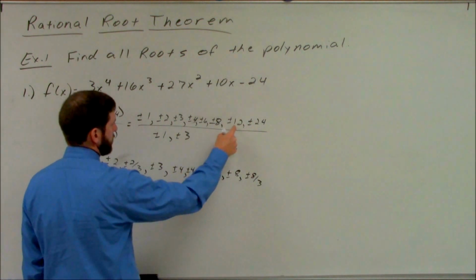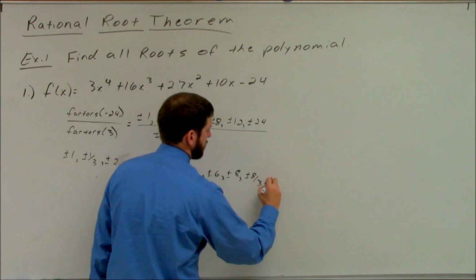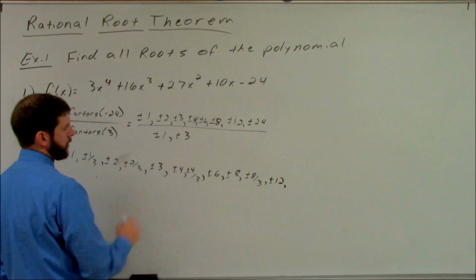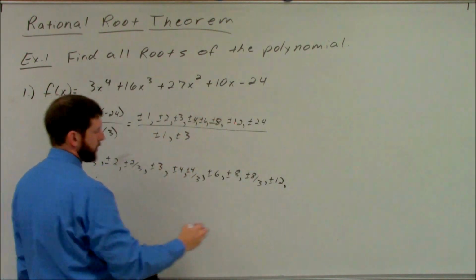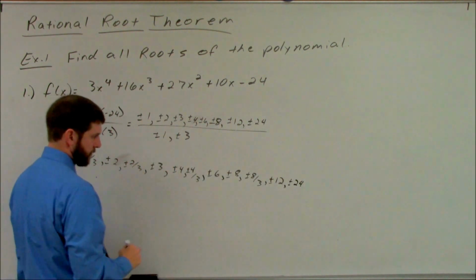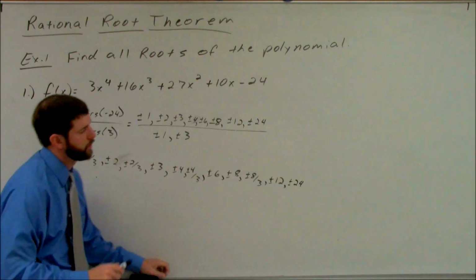Let's do 12, and 12/3, which is 4, so we don't have to rewrite that one. 24 and 24/3, which was 8. So that's all of our possible roots as we go through.